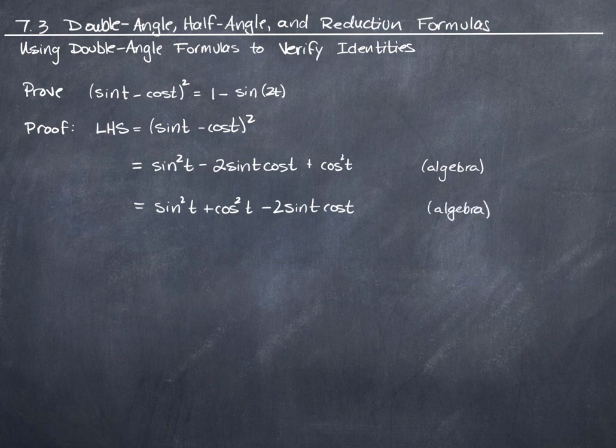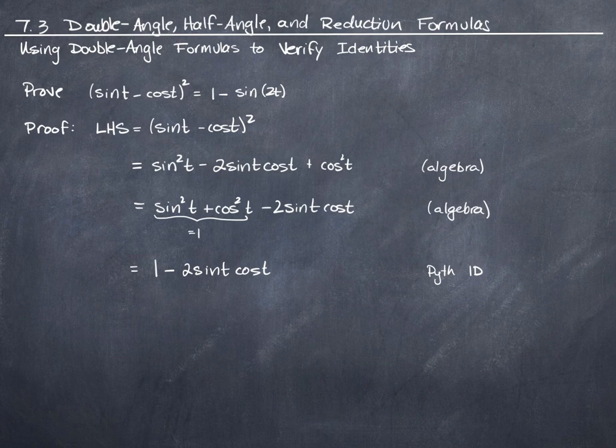All right, now I've reordered these, and I'm going to make the observation that these two here, when you add those together, that's the Pythagorean identity, so you get 1. So that's going to give me 1 minus whatever's left over here, which is 2 sine t cosine t. And how did I do that? Well, that was the Pythagorean identity.